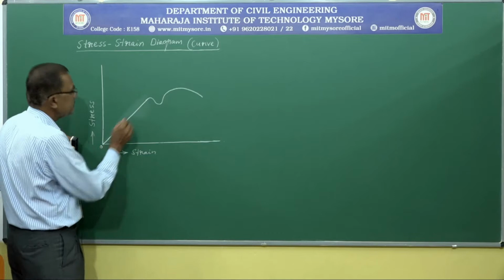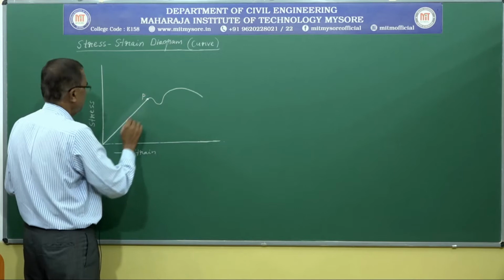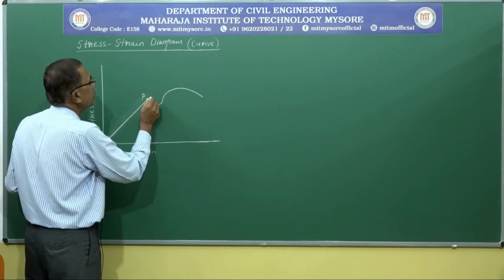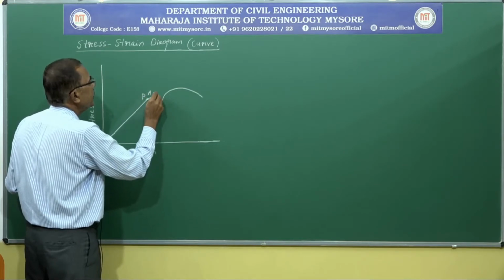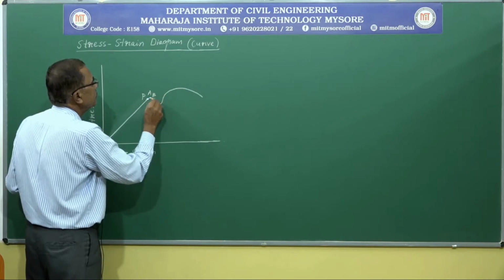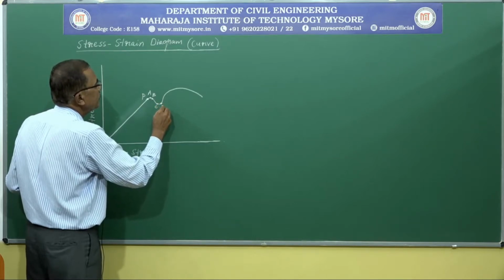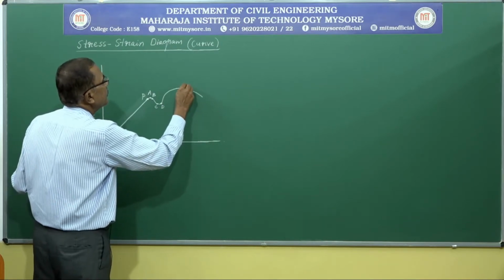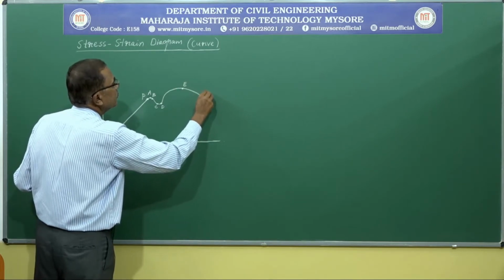So we can mark various salient points, namely O origin, P, then point A, then point B, C, D, then E, and lastly point F.